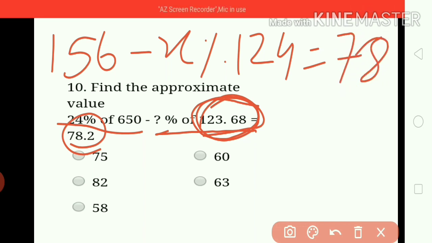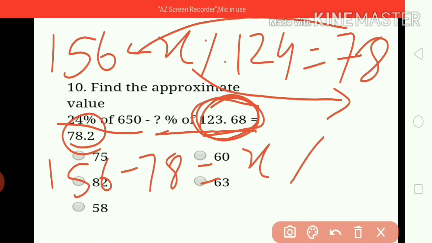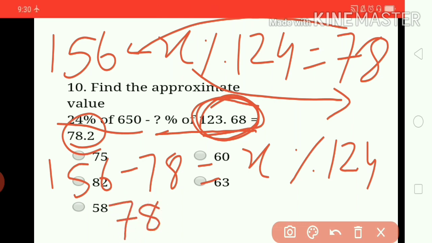So now solve it. At first take this to the right hand side and this 78 to the left hand side. You will get 156 minus 78, that is equal to x percent of 124, right? Now after subtracting you will get 16 minus 8 is 8, this is 14 minus 7 is 7, only 78 you will get here, and this is equal to x percent of 124.